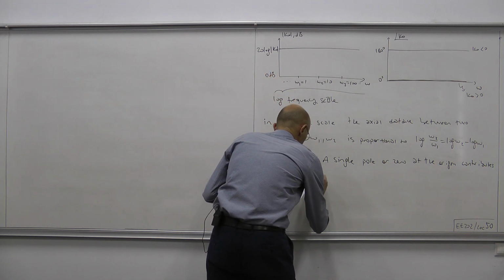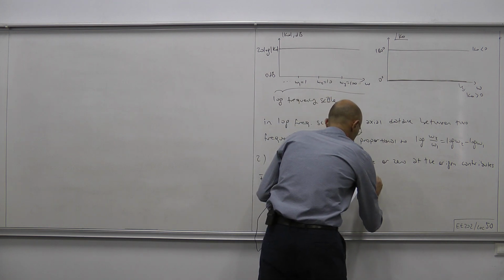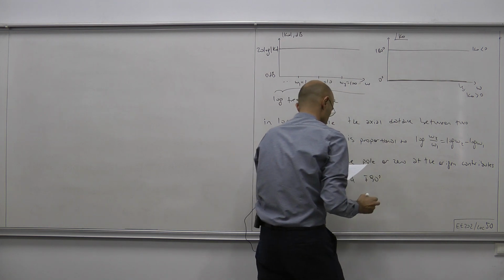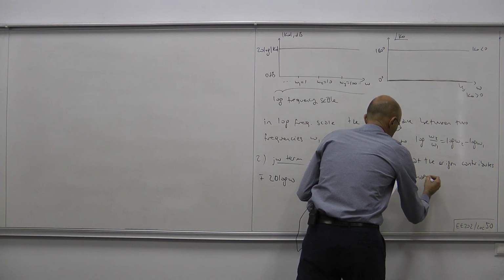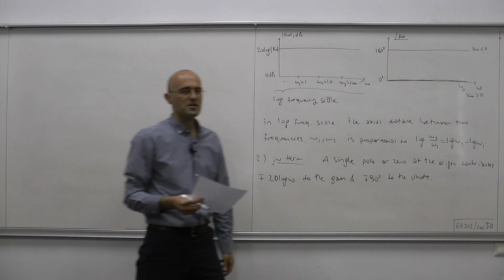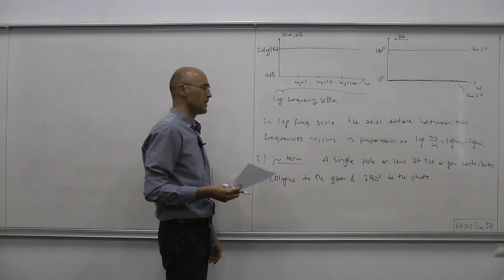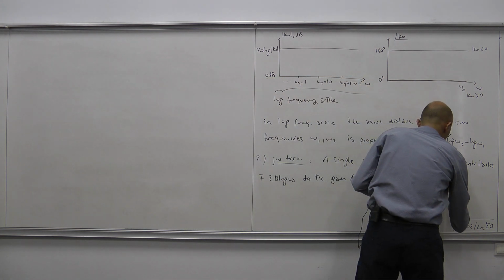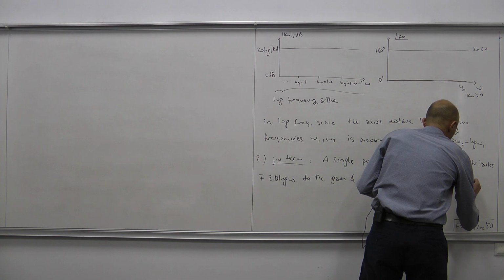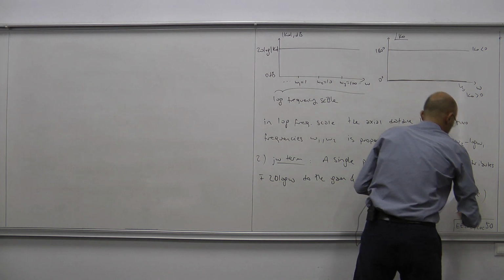And plus or minus 90 degrees to the phase. Again, it's plus 90 degrees if it's a 0 at the origin, and it's minus 90 degrees if it's a pole. Plus for 0 and minus for a pole at the origin.